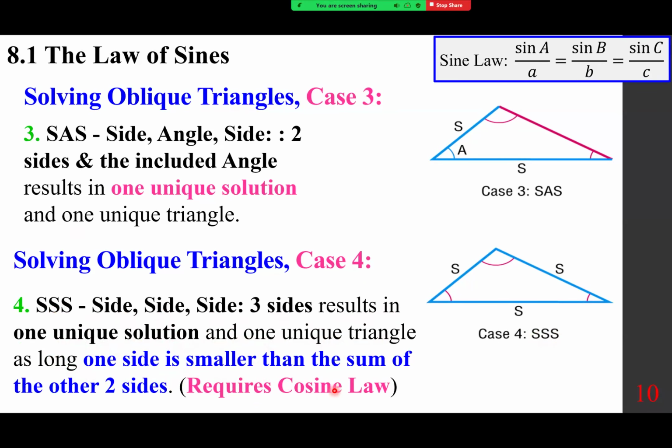So it will have no solution if one side is larger than the sum of the other two. Remember, every side, for example this side, must be smaller than the sum of these two. As long as this is the case, it will have a unique solution.